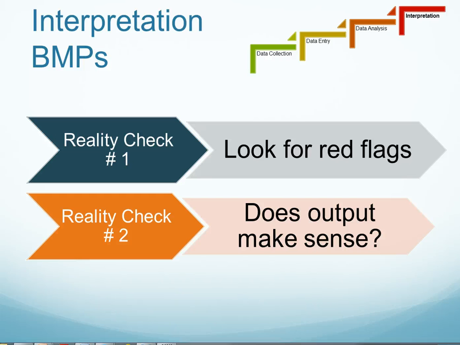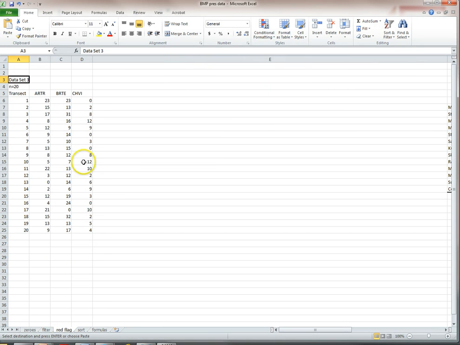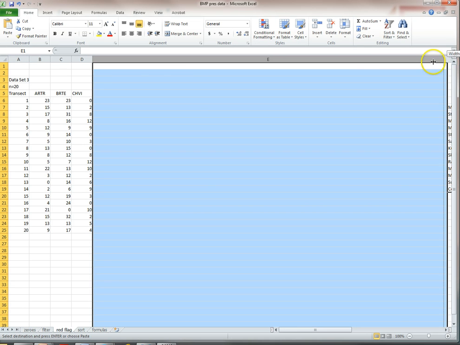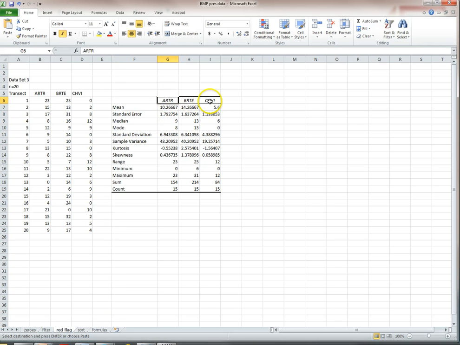Again, if we look at the Excel spreadsheet, and this time we're going to look at a data set that had 20 transects, and so there were 20 sampling units. We've already analyzed the data, and I'm going to pull that in over here, and it's summarized over here, so we can see that we have mean values and standard deviations for each one of the species.